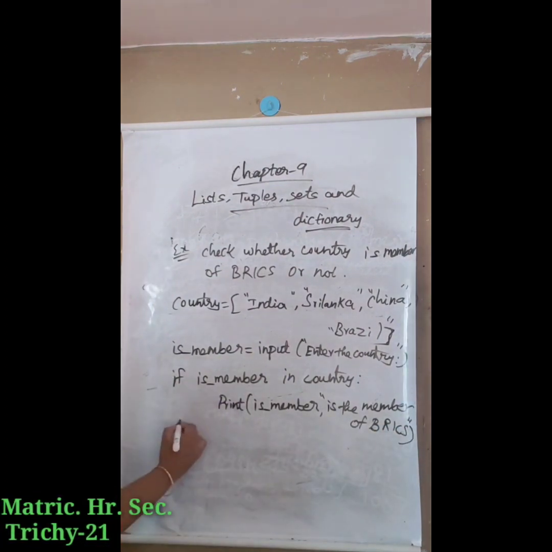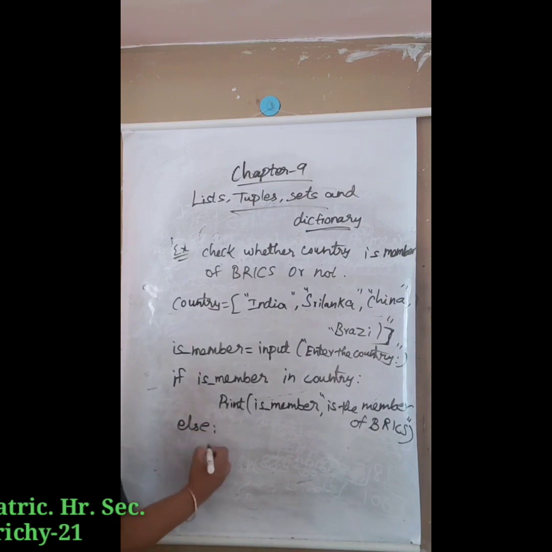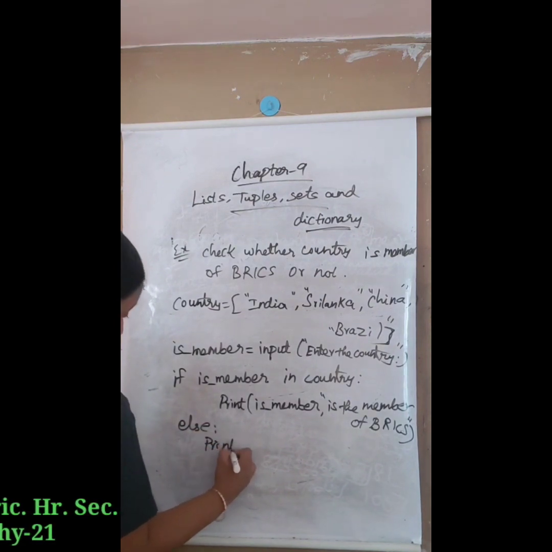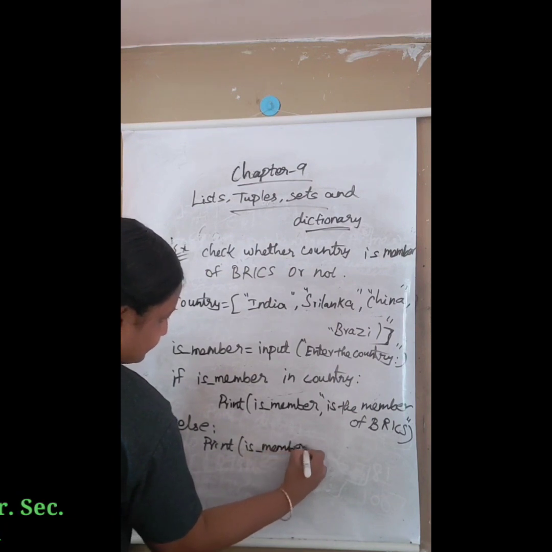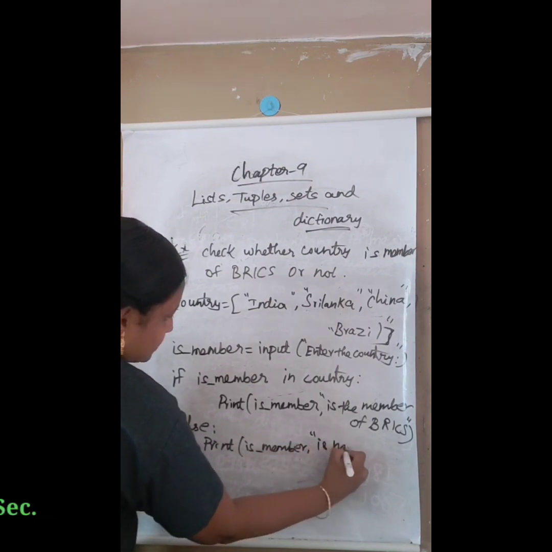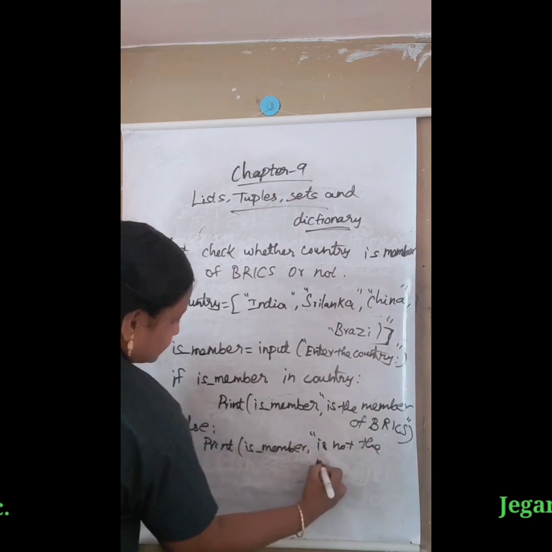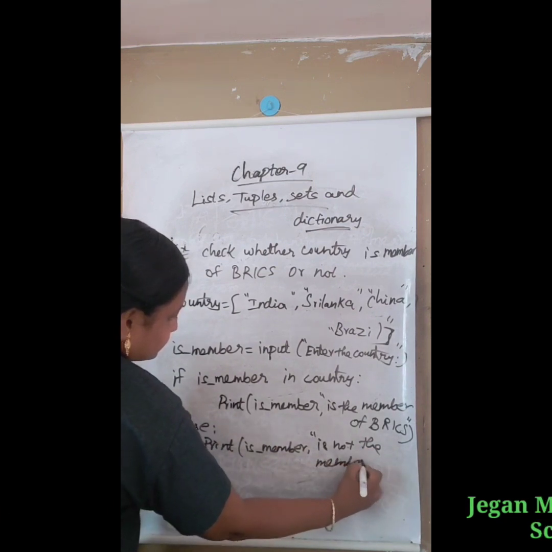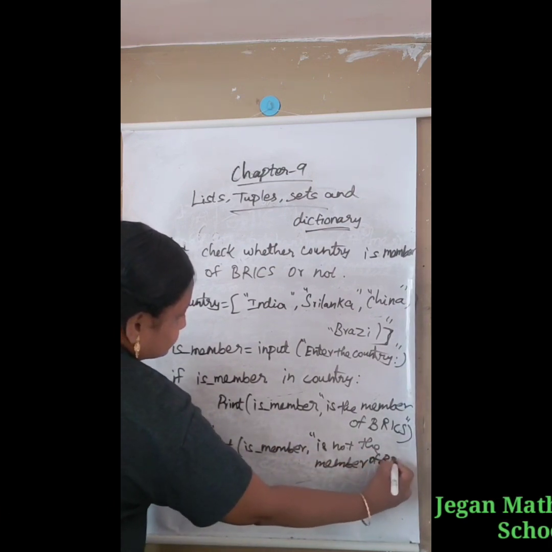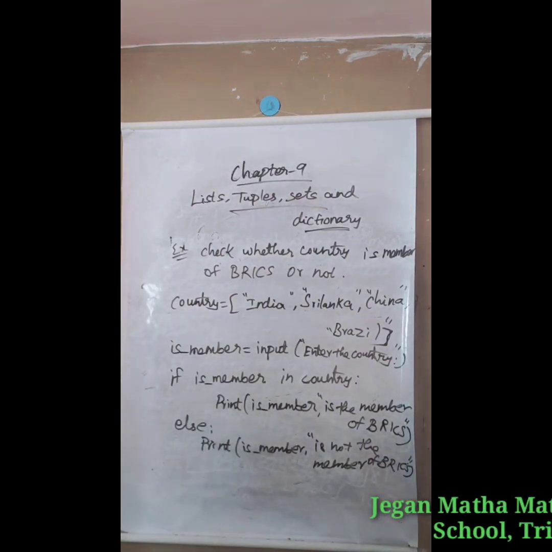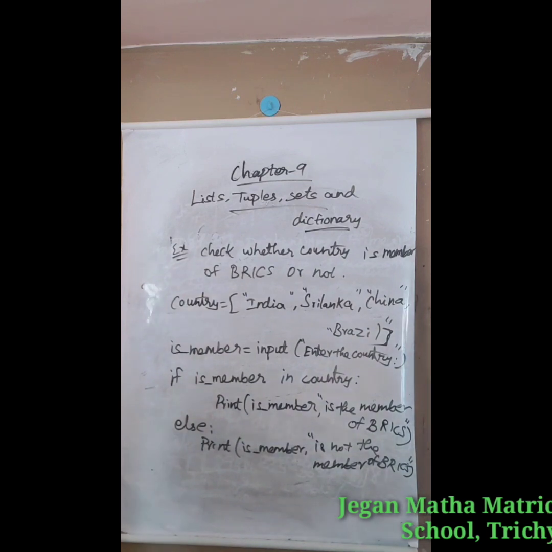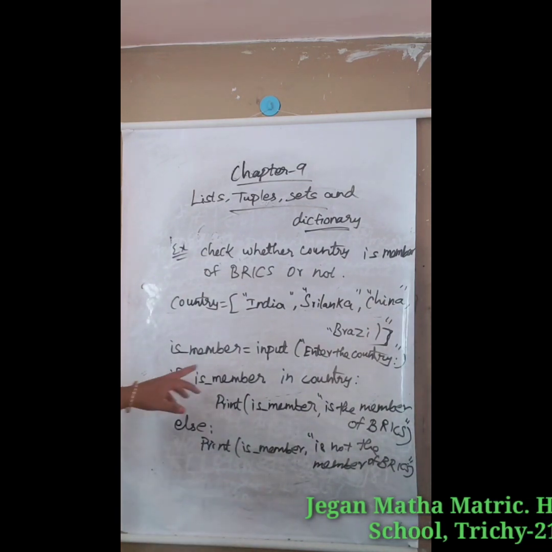In case the statement is false, in the else part, print is member is not the member of BRICS. So here first we use the if condition, if is member in country.